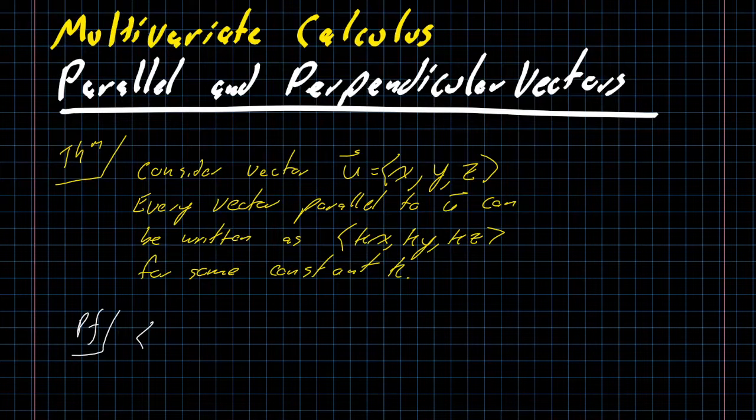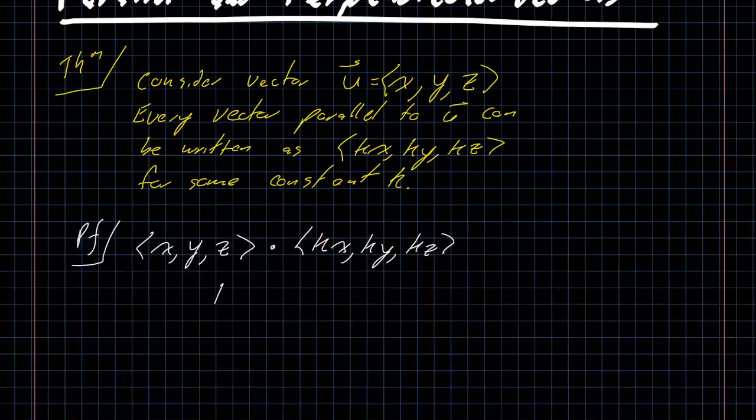So let's take x, y, z and dot it with kx, ky, kz to get kx squared plus ky squared plus kz squared.